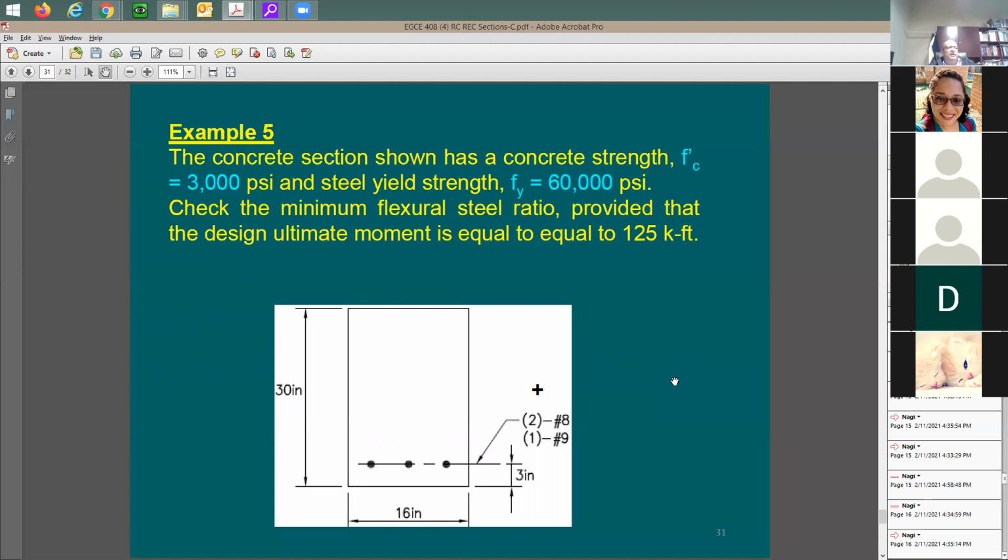All right. Now, I need here to check the minimum steel ratio, knowing the moment demand. What is that? Design ultimate moment, like M sub U, right? Which means factored moment, is going to be equal to 125.